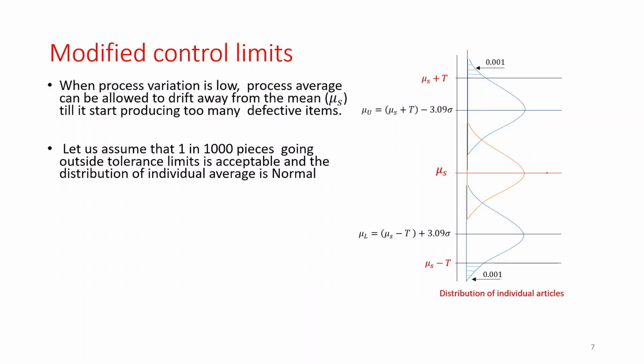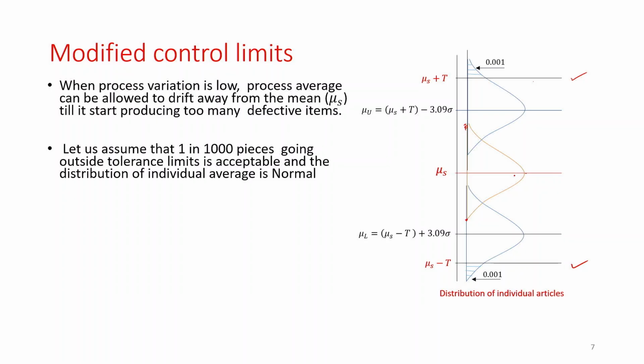When it is at the central location, the spread is from here to there, but the tolerance limits are far away. This is the upper tolerance, this is the lower tolerance. So if the spread is like this, as shown by the orange curve, then as long as the mean is here, there is no chance of producing any defective items.